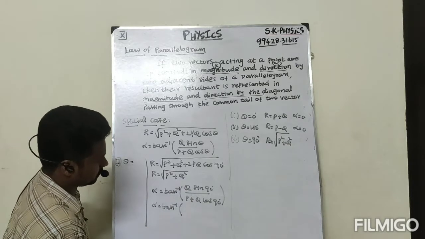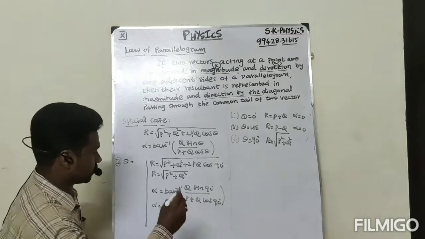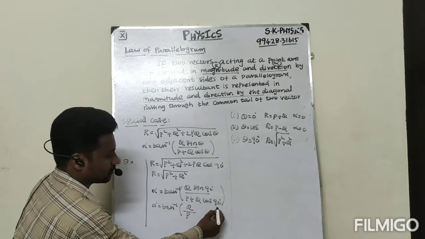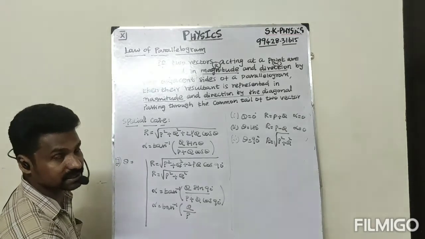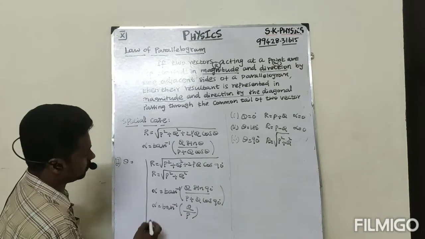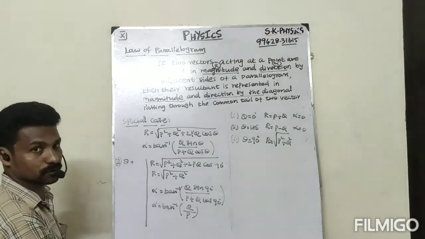Sin 90 value is equal to 1. So in the numerator only Q is there, divided by P plus Q cos theta. Cos 90 is equal to 0. So that term will not come. So this is the angle value, tan inverse of Q by P.